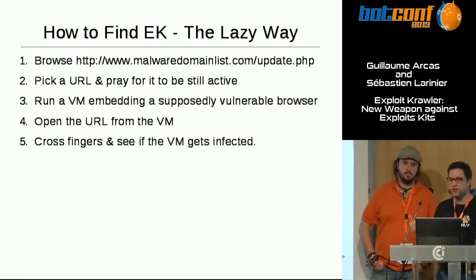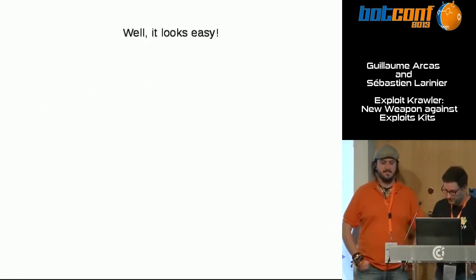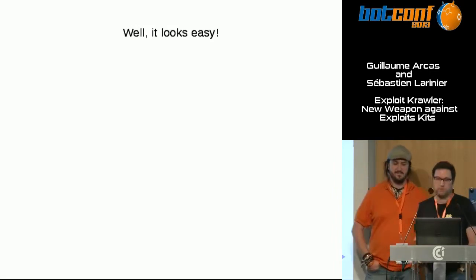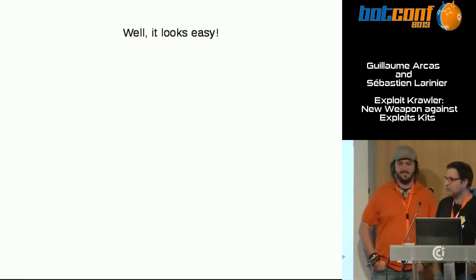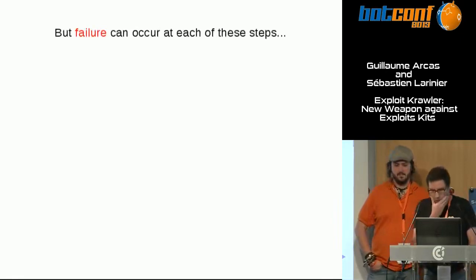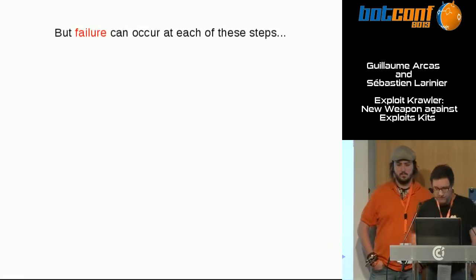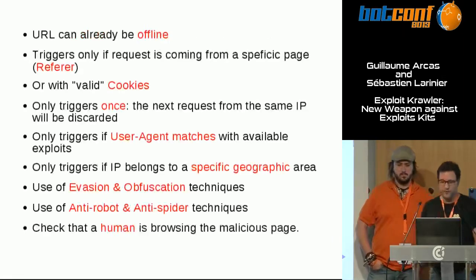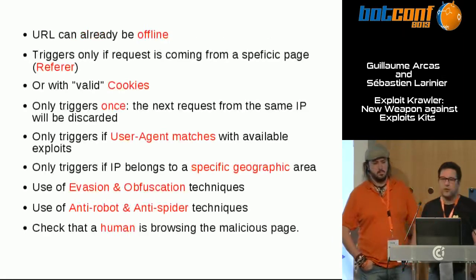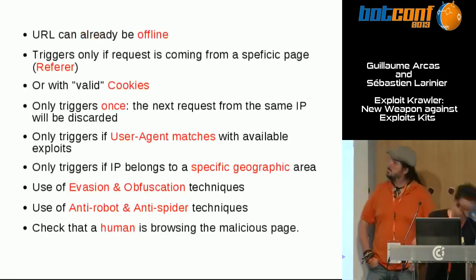Open the URL from the VM and just see what happens, if something happens. So it's quite easy. So why do we need something very complicated? It's because sometimes failure can happen. First, the URL can be offline already. So stop here and come back.